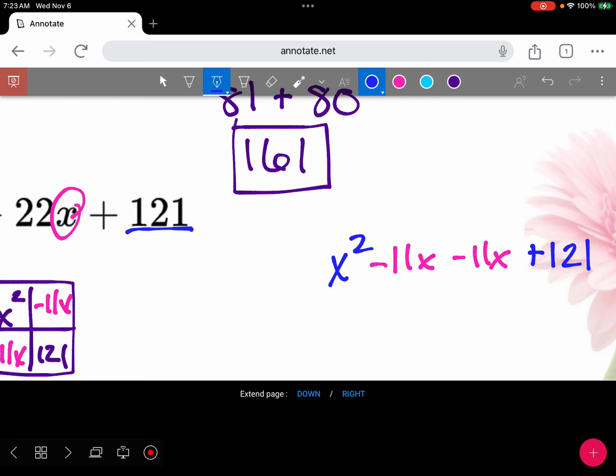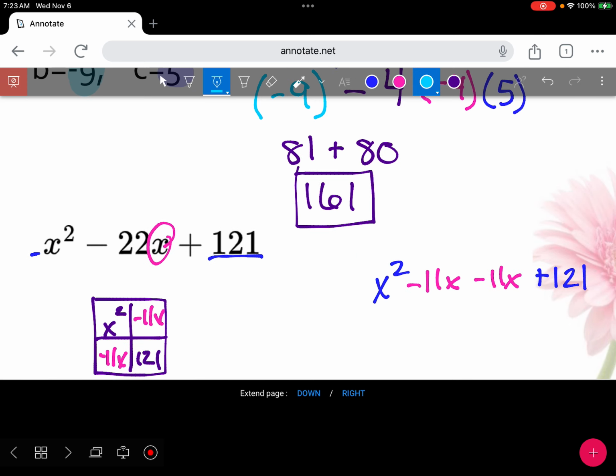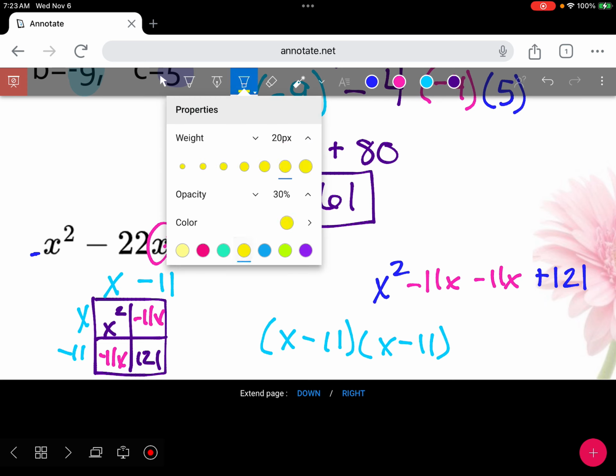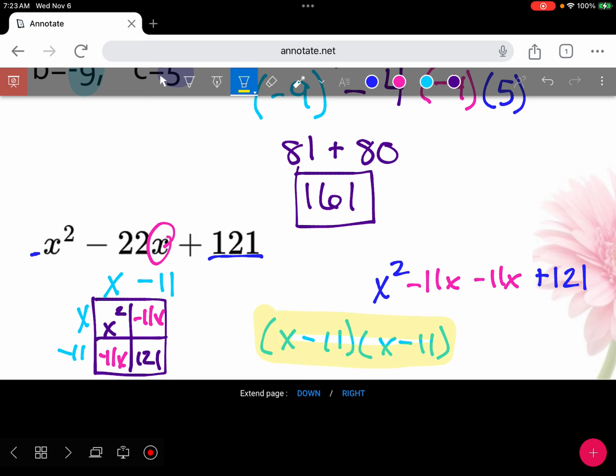No matter which way we do it, what factors are we getting? X minus 11 and X minus 11. So our factored form, we can write it as X minus 11 times X minus 11. Or since those two things are exactly the same, what else could we write that as?